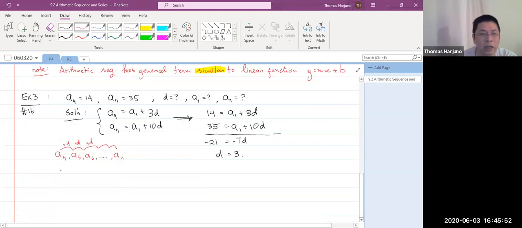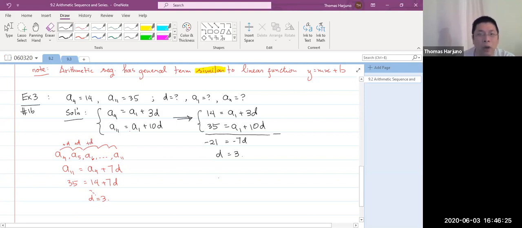So we can say that the 11th term equals the 4th term plus 7 times the difference. Okay, that's just another way though. So 35 equals 14 plus 7d. Fast forward, d equals 3. Okay. So you can use this method too. Okay, I still prefer this one, even though it's longer. It has better structure.